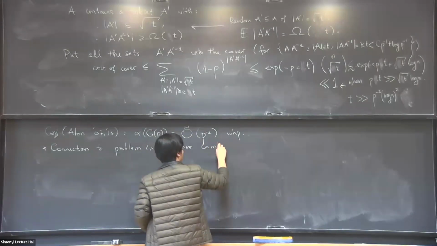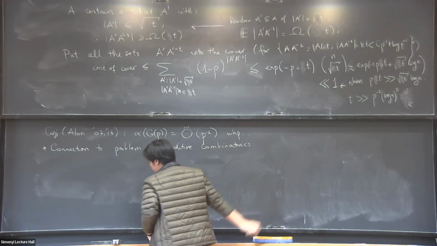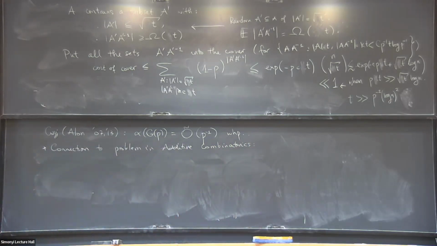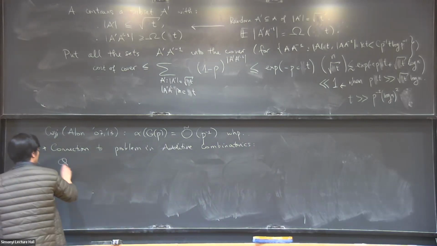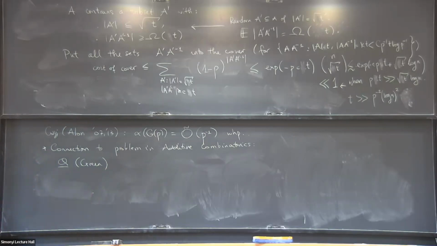And that was actually one of the first motivations for Noga to look at the independence number of a polynomially sparse random Cayley graph. There's this question, asked by Ben Green, and Green and Gowers had some very early works around it.